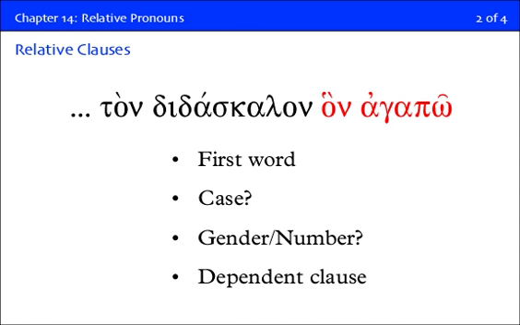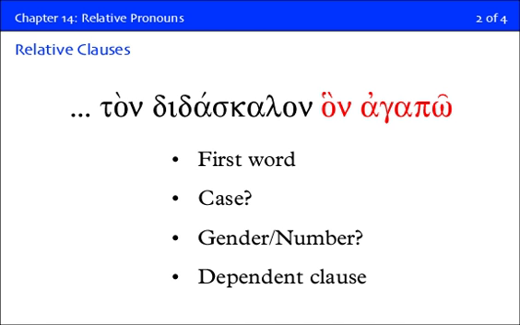Thirdly, how do you think Greeks determine the gender and number of a relative pronoun? Right, it's antecedent, what it stands for. You may not know it here, but it's not following natural gender. Why is han masculine? Because didaskalan is masculine. Why is han singular? Because didaskalan is singular. So even if I were a woman, didaskalan is still a masculine noun, and so the relative pronoun will be masculine.